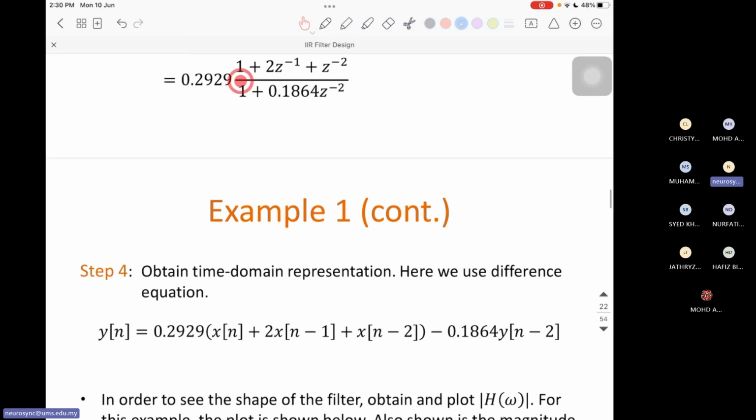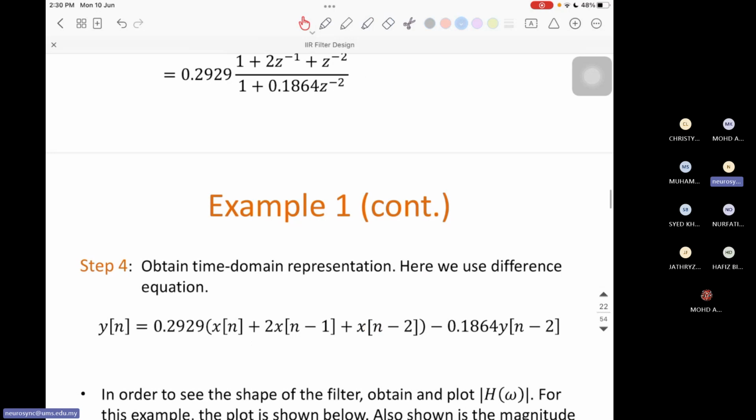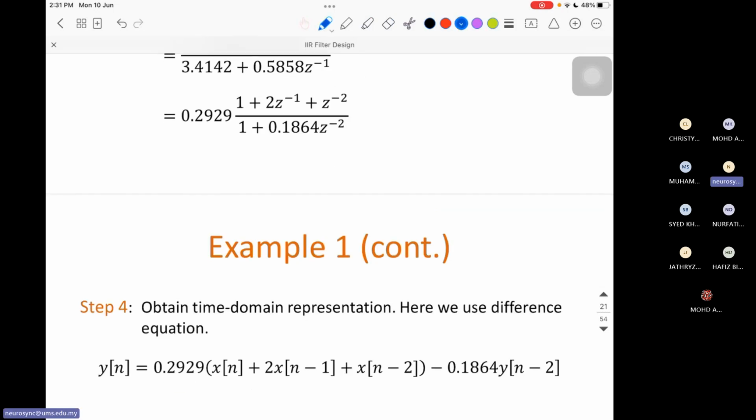So I can write this difference equation like this.